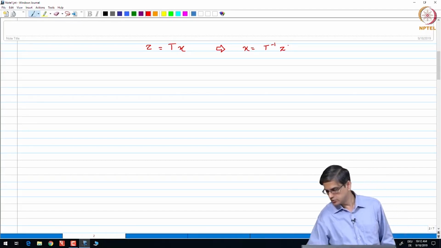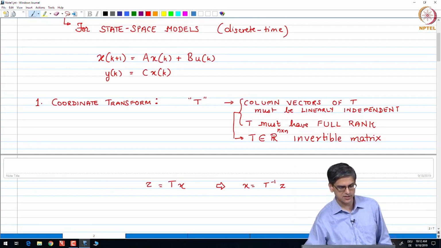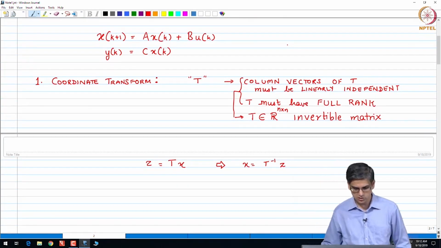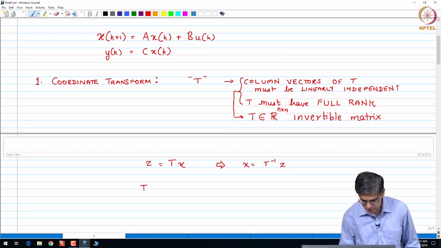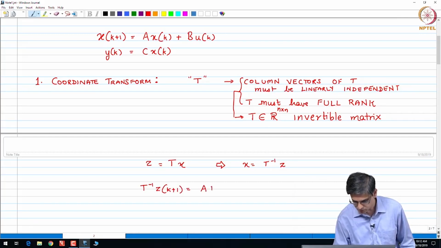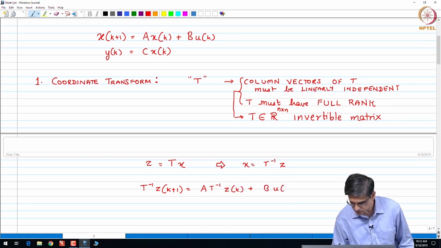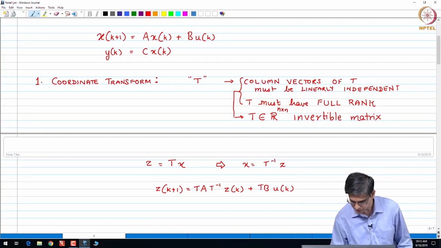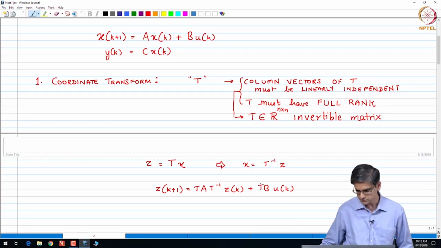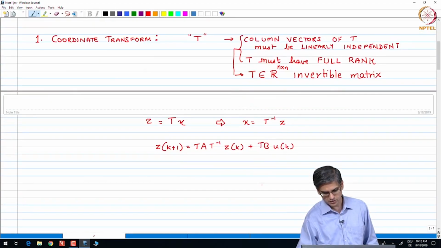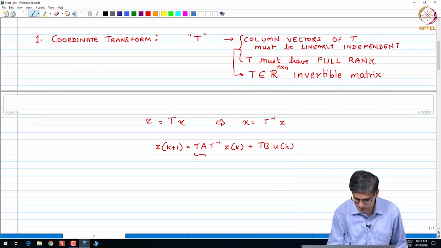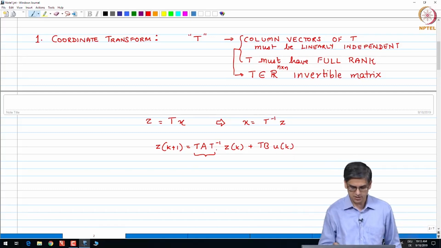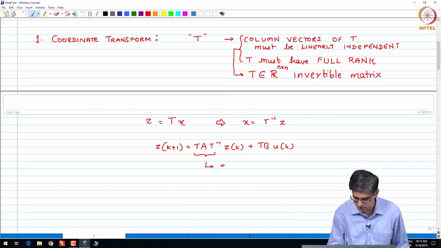So, when you have x equal to T inverse z, you can substitute that in this state space model. So, you will have T inverse z(k+1) equal to A T inverse z(k) plus B u(k), okay, and we can see that this is nothing but a similarity transform.